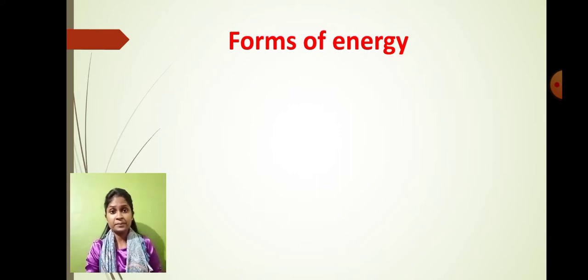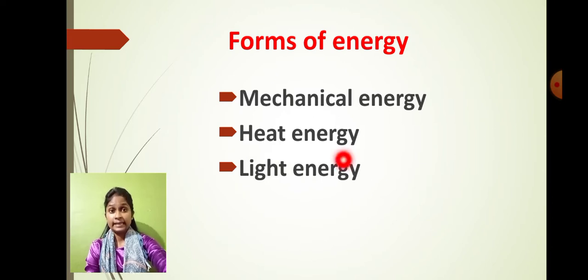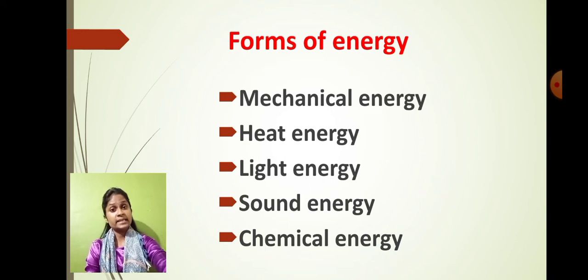As you can see here, mechanical energy, heat energy, light energy, sound energy, and the last one is chemical energy. So these are the 5 types of energy present around us. Which are the 5 types? Mechanical energy, heat energy, light energy, sound energy, and chemical energy. All these 5 types of energy are present around us.